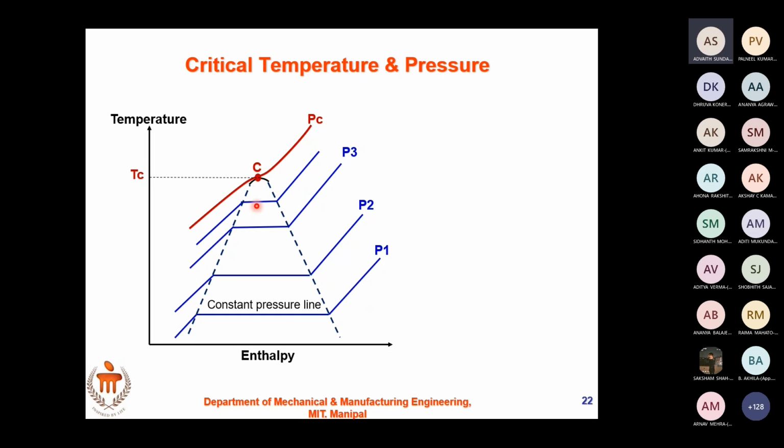There is no wet and dry phase, no mixture here. If you are heating at the critical pressure and the critical temperature is reached, the entire water is directly converted to steam. Yes.